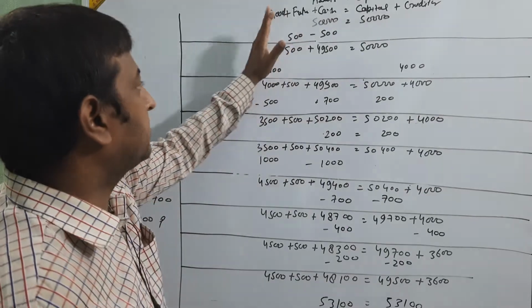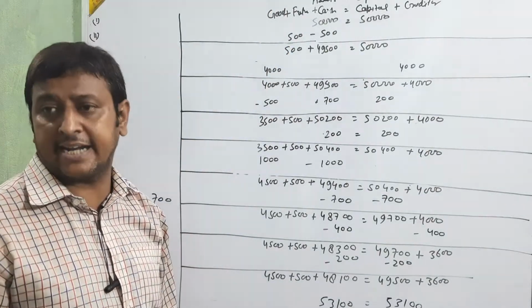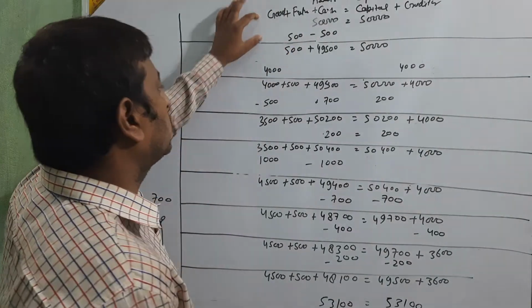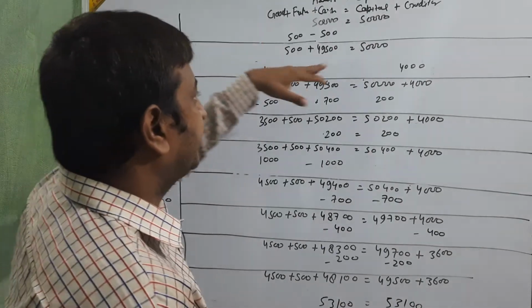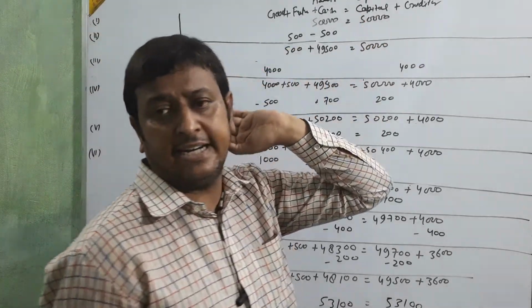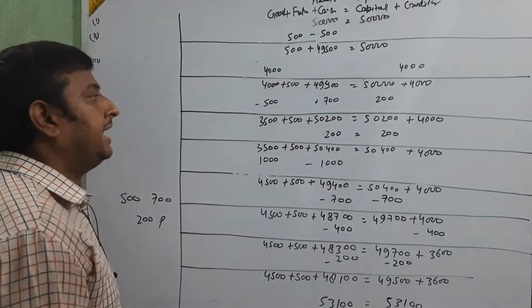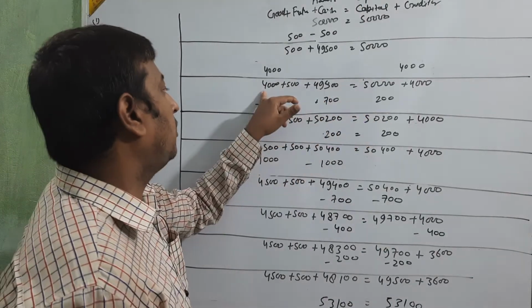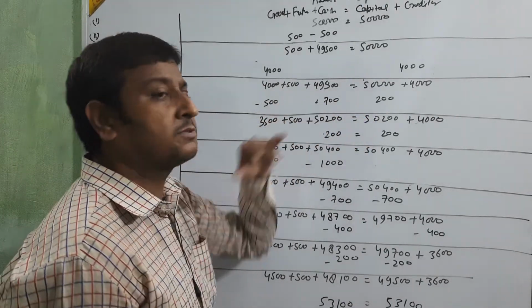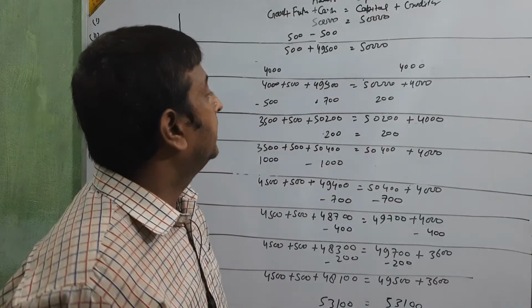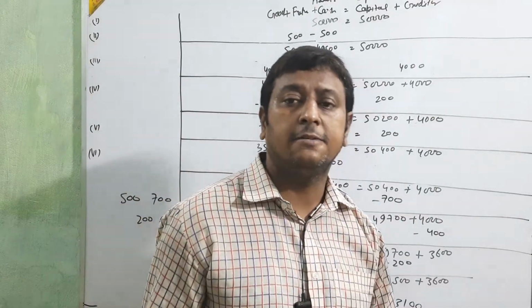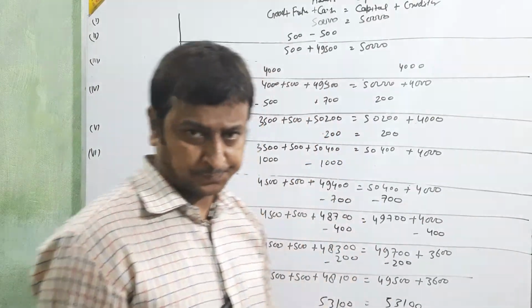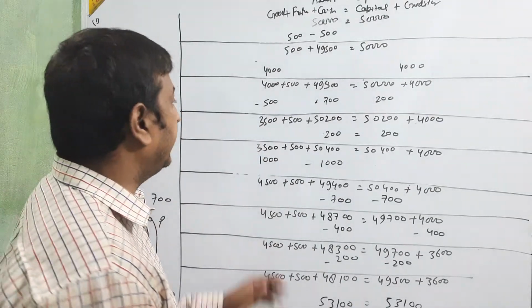Then next, purchase goods of 4,000 on credit. Then we make goods 4,000 on the asset side and creditor on the credit side, liability side. Then this finalizes: 4,000 plus 500 plus 49,500 is equal to 50,000 plus 4,000. Okay, next.